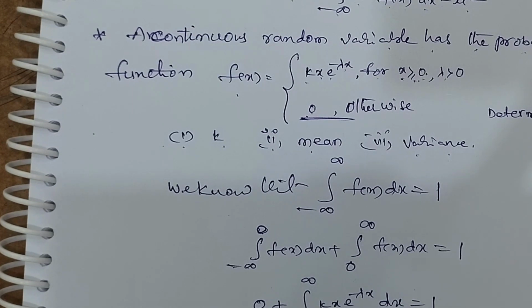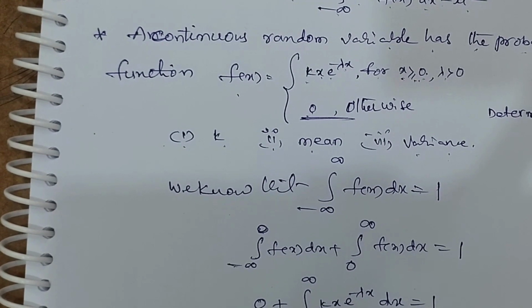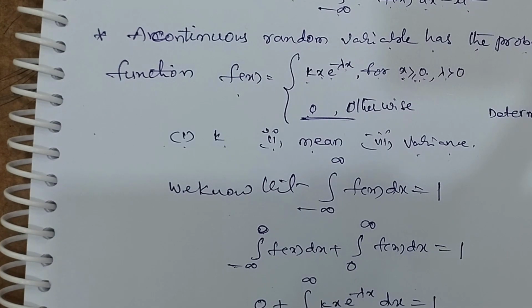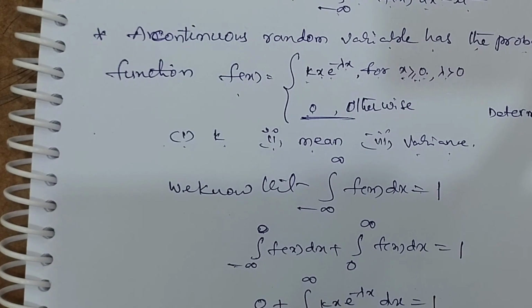Next, k is a constant, so k times the integration from 0 to infinity of x into e power minus lambda x dx is equal to 1.